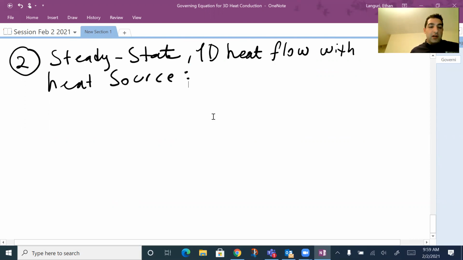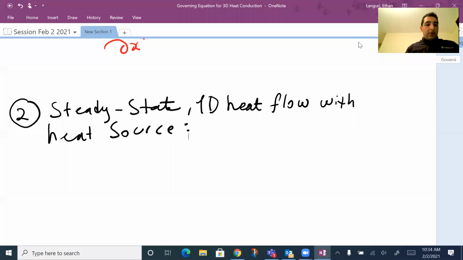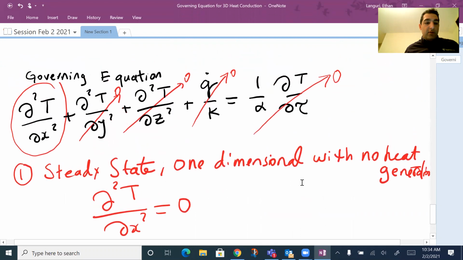Let's solve this together. In this case, you have a steady state 1D flow with heat source. So let's go back to the overall equation we had initially.